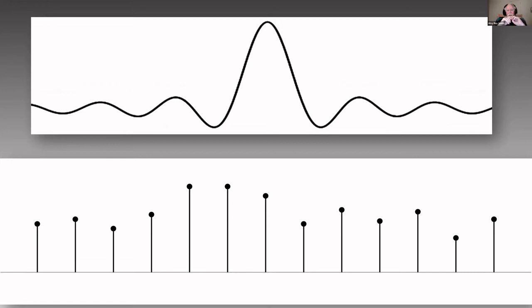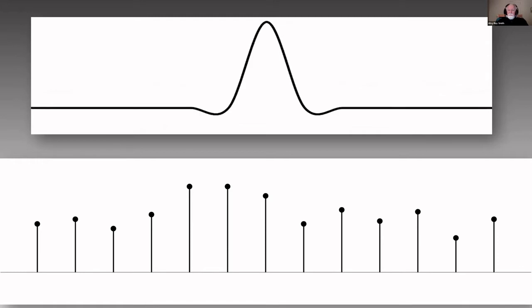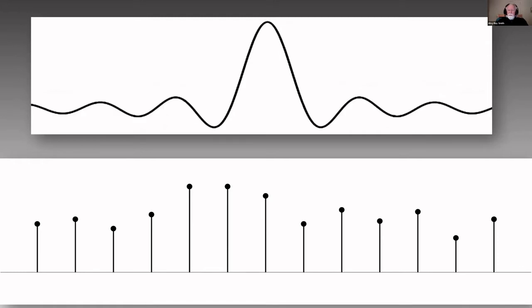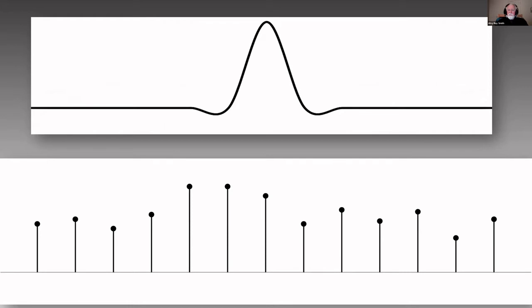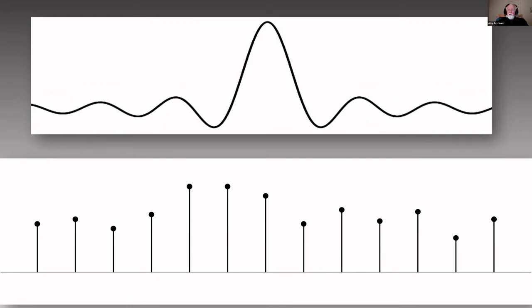Unfortunately, this shape has a problem in the real world. Those wiggles go off to the right and the left forever. In other words, this wiggly function, the spreader function, is infinitely wide, and we can't deal with things infinitely wide in the real world. So what we do is we approximate that perfect spreader with a pretty darn good approximation like this one.